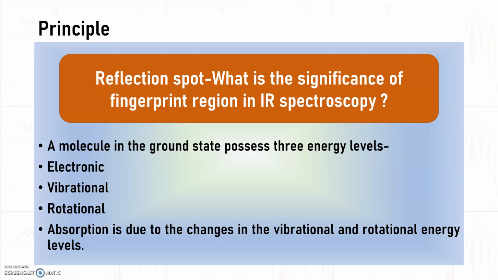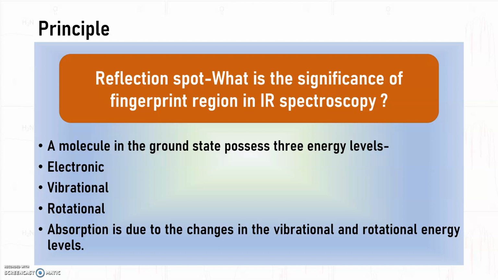Another question, what is the significance of fingerprint region in IR spectroscopy? The answer is, the region between 400 cm inverse and 1500 cm inverse in an IR spectrum is known as the fingerprint region.